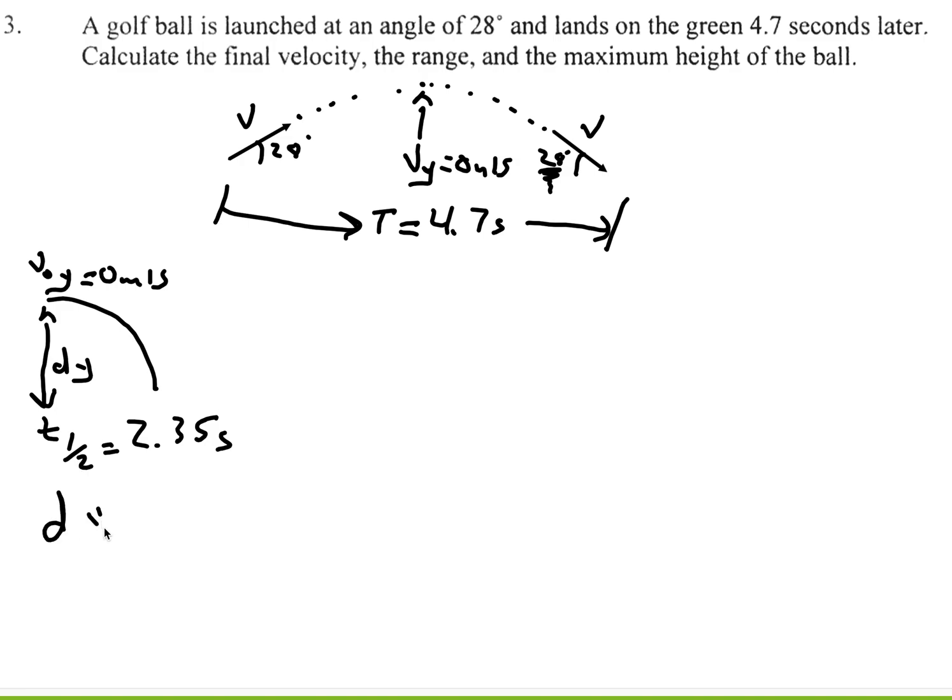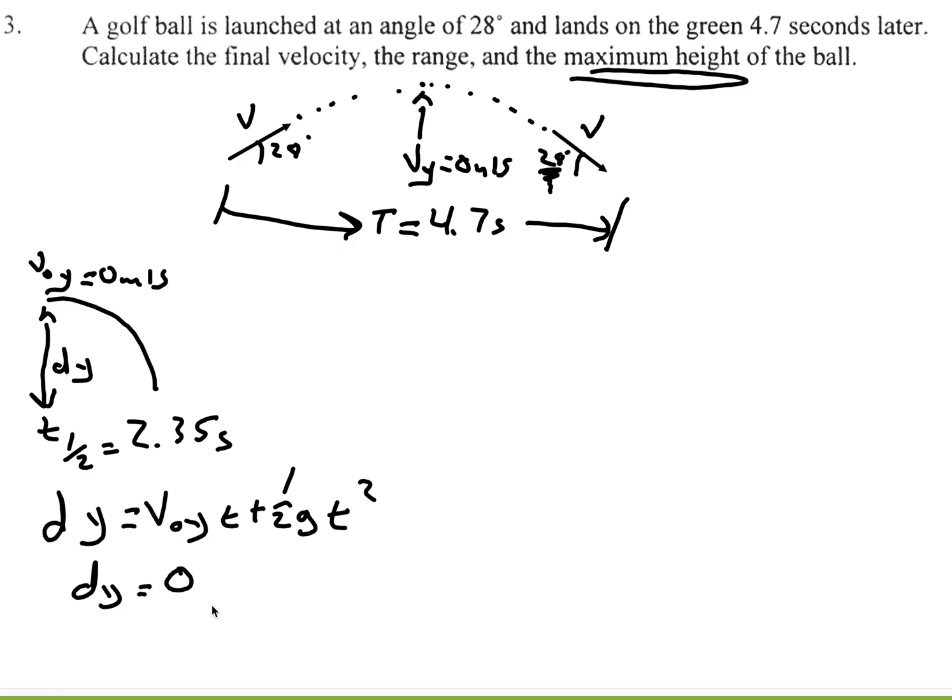And remember, the equation for dy is V0y t plus 1/2 g t squared. So right now what we're doing is we're finding maximum height. All right. So dy is going to equal 0 times 2.35. You know that'll just be 0. Plus 1/2 times 9.8 times 2.35 squared.